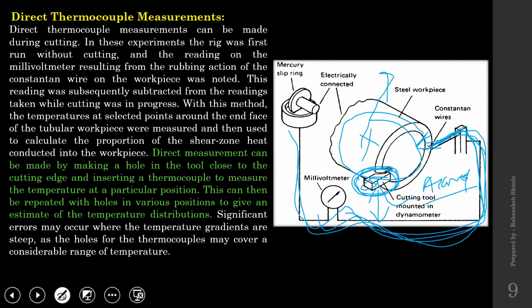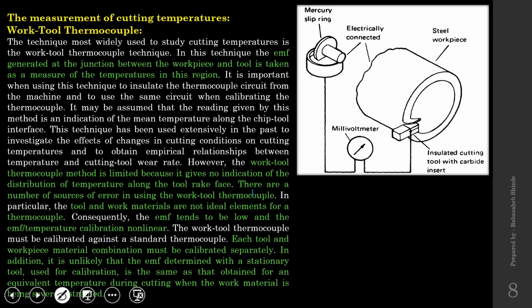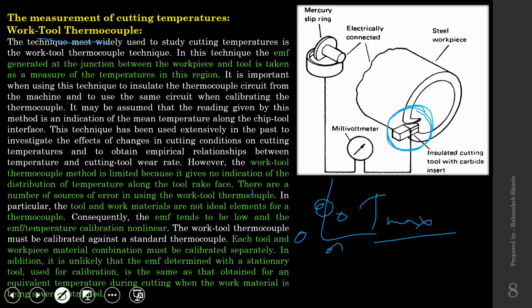Additionally, there was one more limitation associated with this work tool thermocouple that I forgot to mention. When you use this system for temperature measurement, you will get the maximum temperature in metal cutting. Whether that temperature has its maximum value over here, we don't know anything about that.